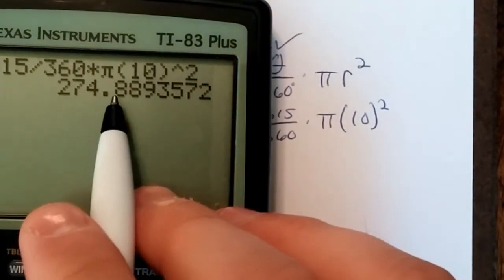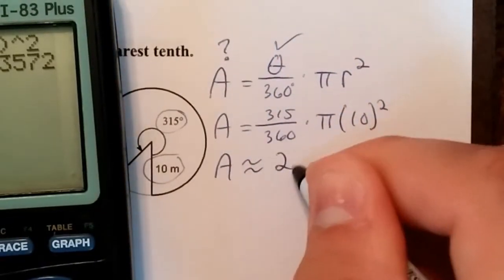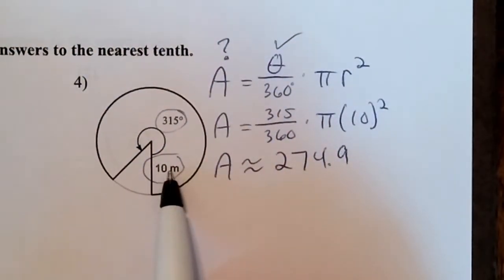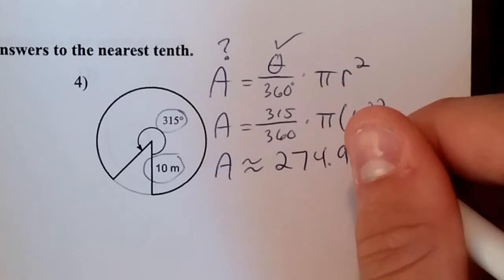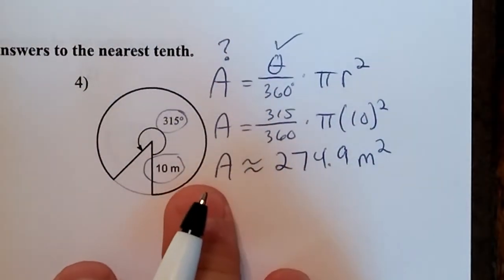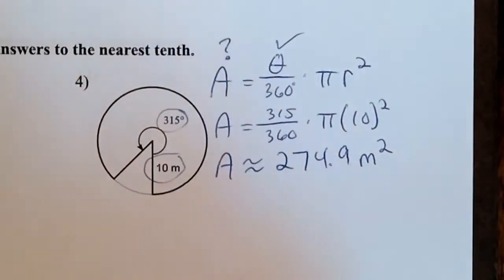We round to the nearest tenth, so this 8 brings this 8 up to a 9. So 274.9. And since the units for the radius are meters, the units for the area are going to be square meters. That's finding just the area of the sector given the radius and the central angle in the diagram.